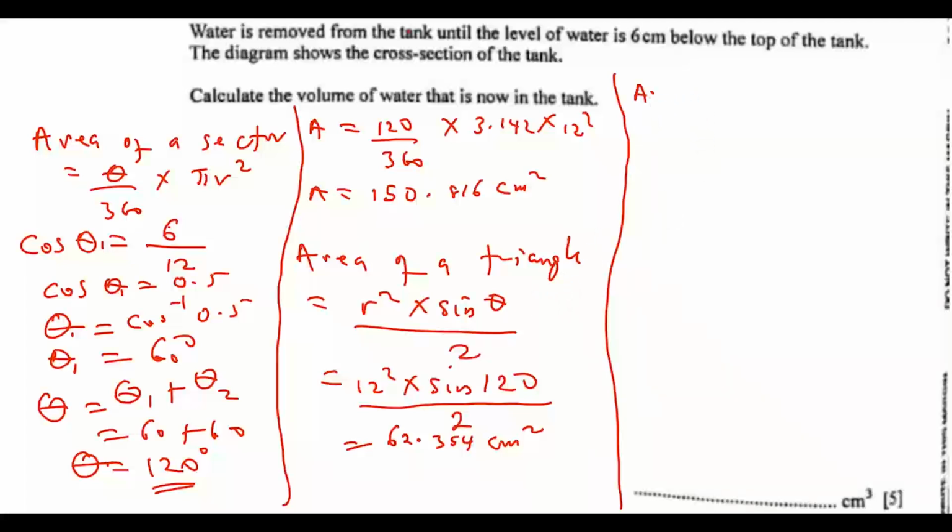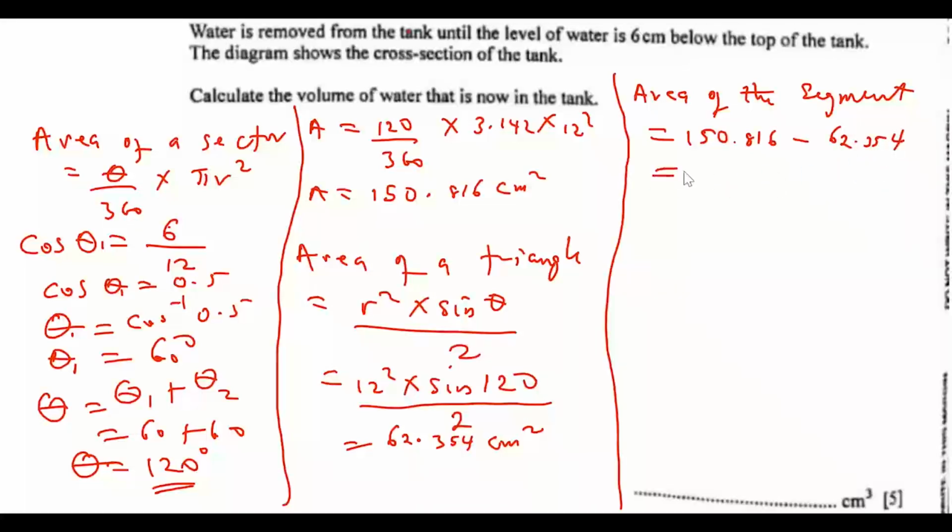Okay, so the area of the segment, which is the cross section that we need, will be equal to the area of the sector, which is 150.816, minus the area of the triangle, which is 62.354.